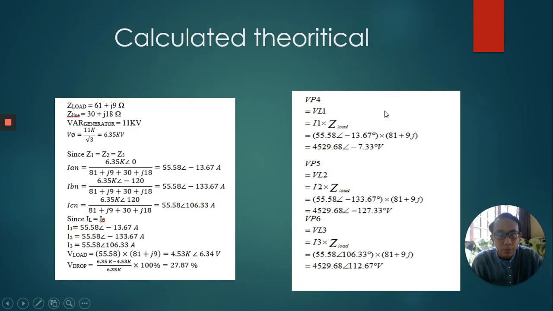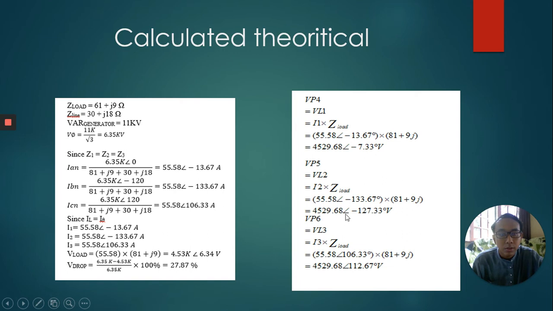To calculate V4, we need the line I1. So I1 equals Z load times Z1. Use this formula, times with this formula, then we get this. Then for VP5, we need to use this formula times Z load also, times 4,529.68.